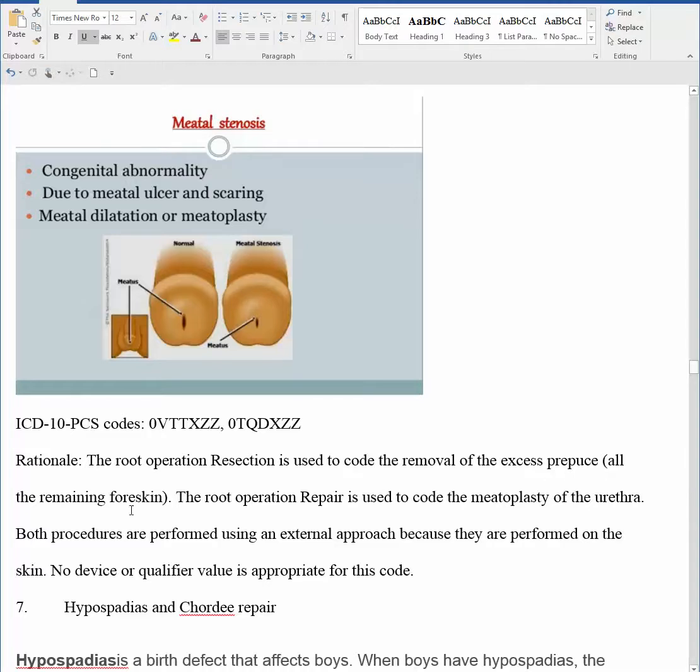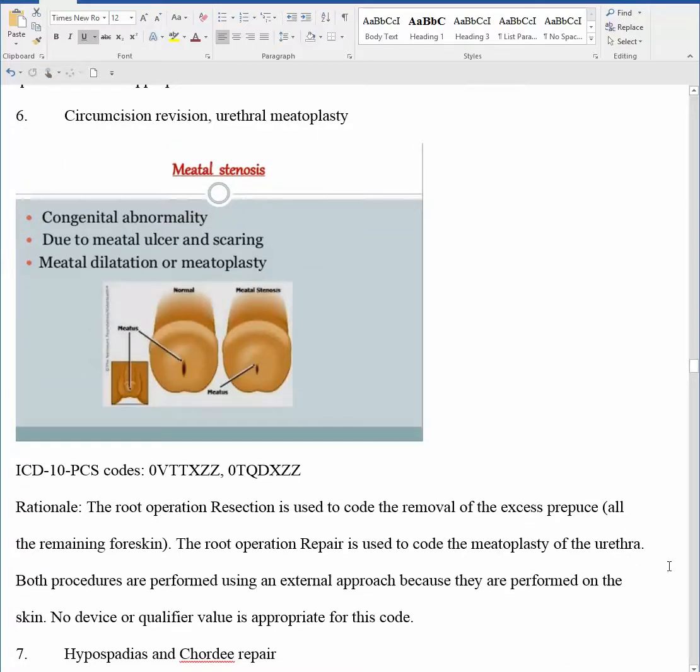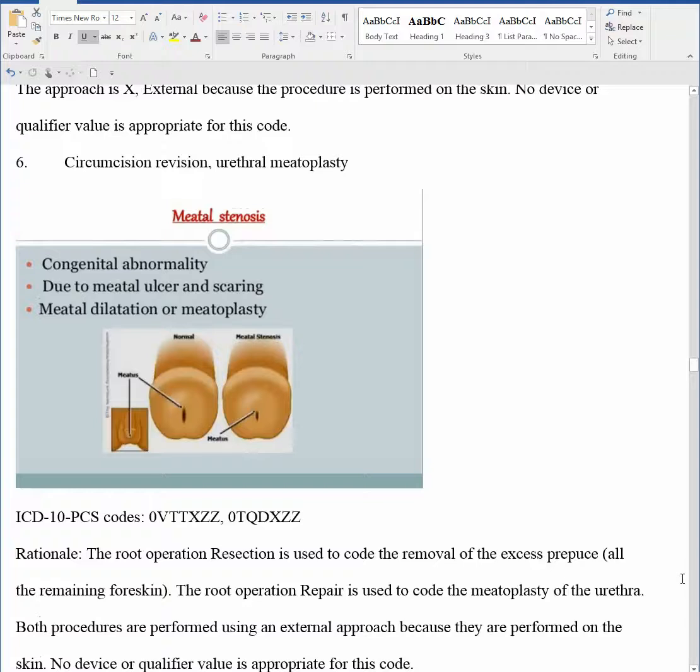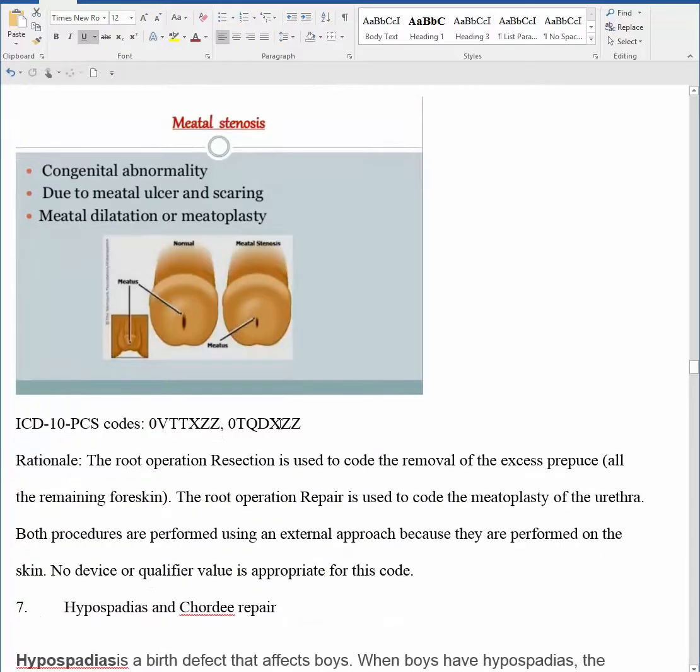Root operation is resection. They also had to do a repair of part of this child's urethra. For both, our surgical approach was external, so the value of external is going to be used. Your final codes are 0VTTXZZ and 0TQDXZZ.